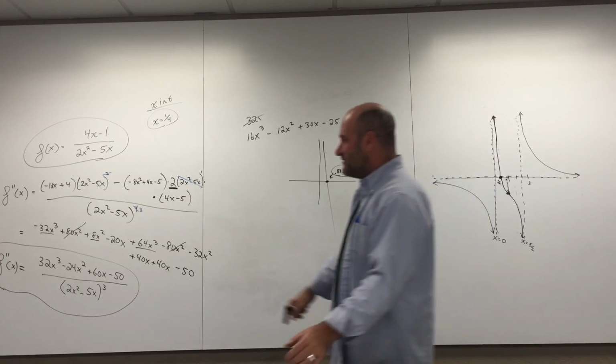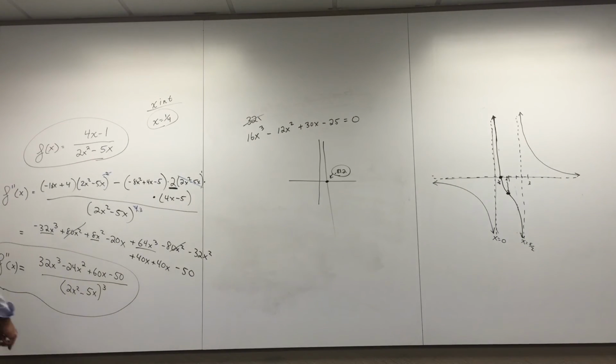Yes, Carlos? I was there when you were taking this second derivative and you were canceling out the constant 2x squared minus 5x. You have a square and a singular in the numerator and a fourth in the denominator, but how is it that you're able to cancel out the one as well and the denominator just becomes cubed instead of squared?